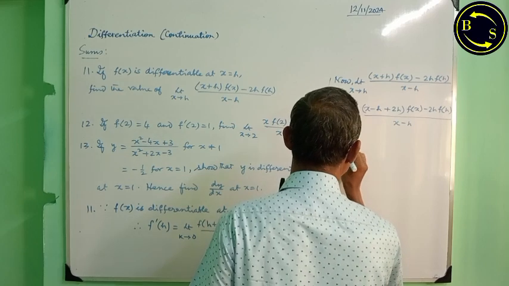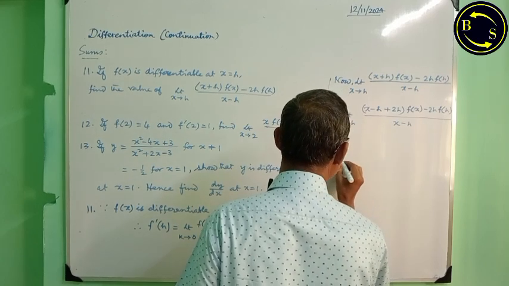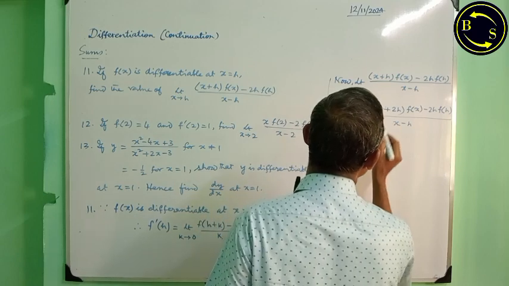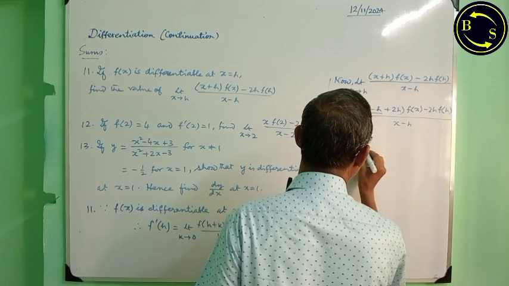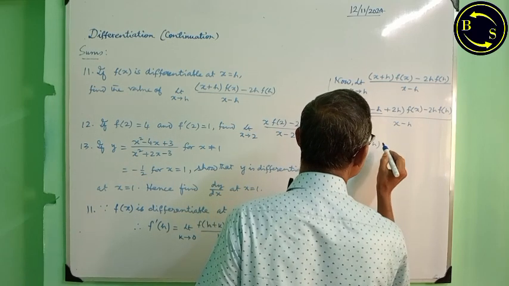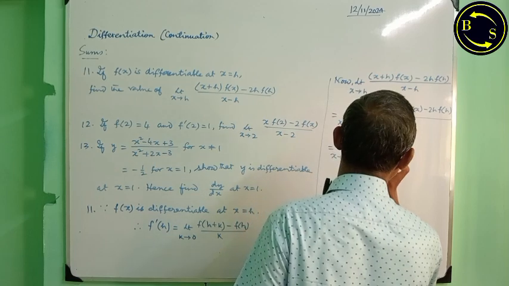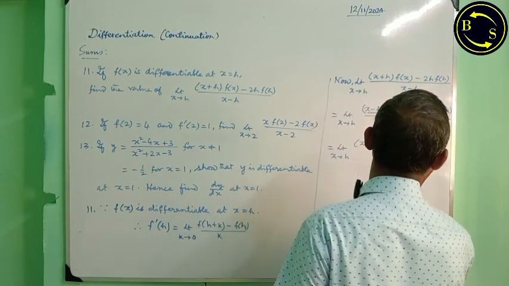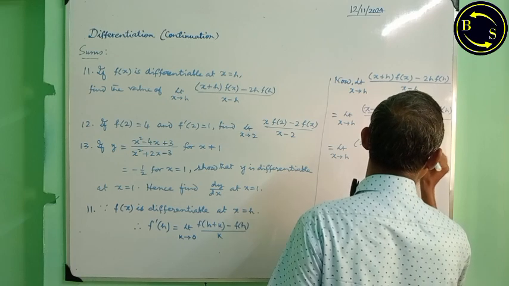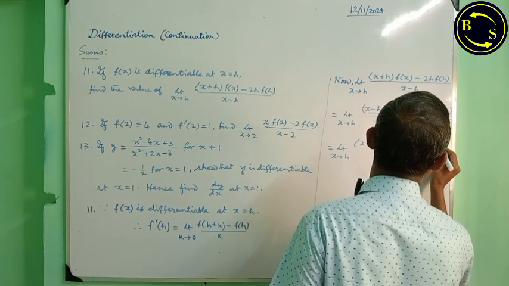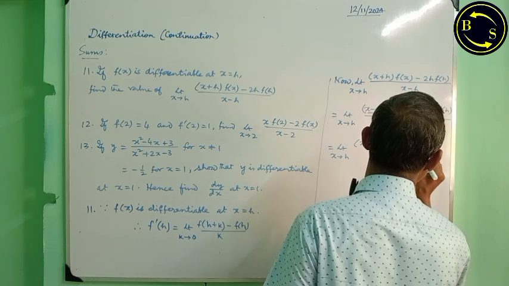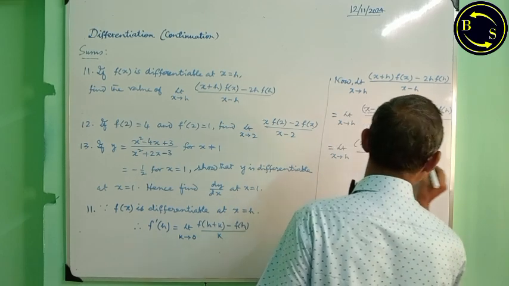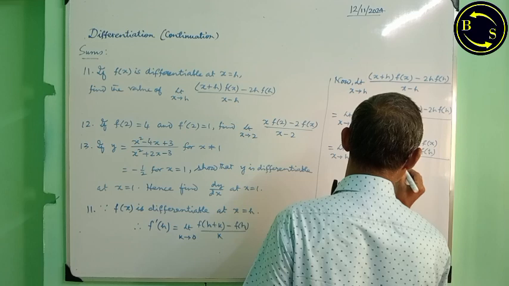Now this is limit x tends to h. I take this part, x minus h into f(x) plus 2h f(x) minus 2h f(h) divided by x minus h.